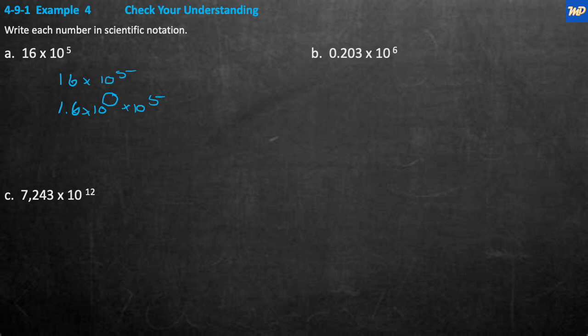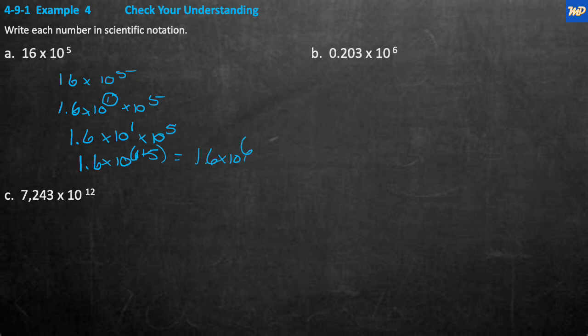We have to multiply by 10. Multiplying by 10 in this case is just a 1. So it's 1.6 times 10 to the 1st times 10 to the 5th, and that equals 1.6 times 10 to the 1 plus 5, which is equal to 1.6 times 10 to the 6th.